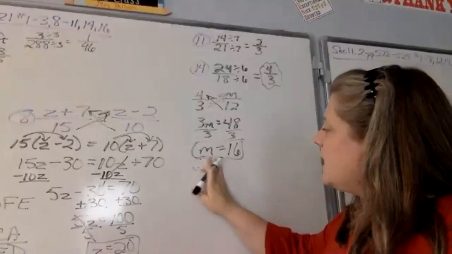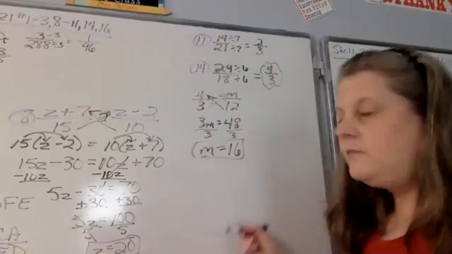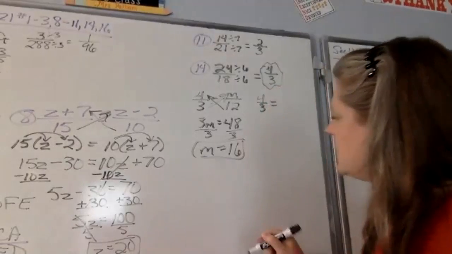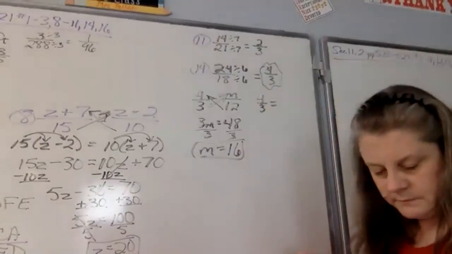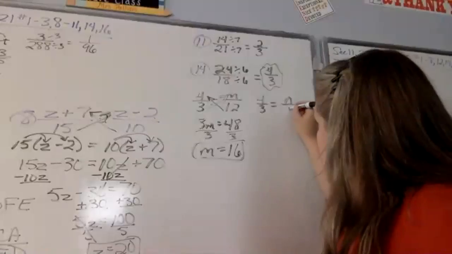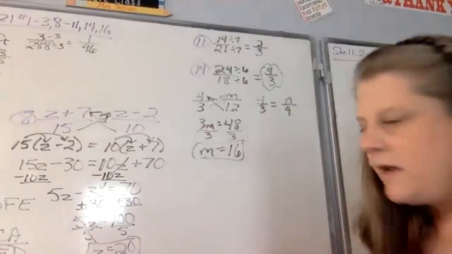Now I am not done because it also wanted N. So I have 4/3 is equal to what matches up with N? All right, 9. So I have N over 9, right? Top left to top left.